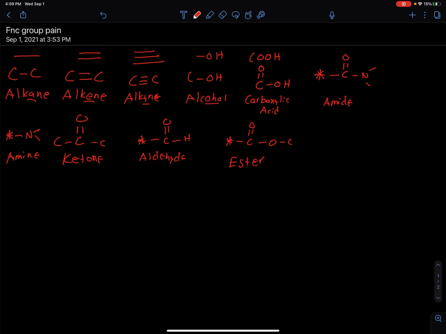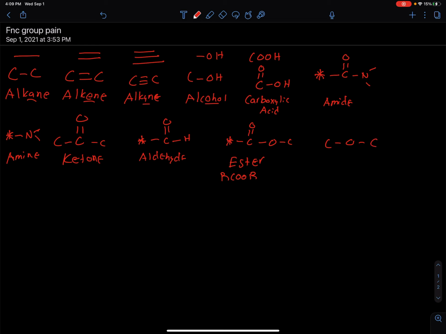A way you'll see this abbreviated sometimes is RCOOR, where R is what it could be, hydrogen or carbon. Conversely, ether is a lot simpler. It's just a carbon with an O and then another carbon.